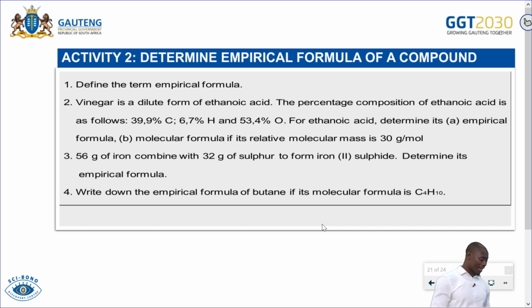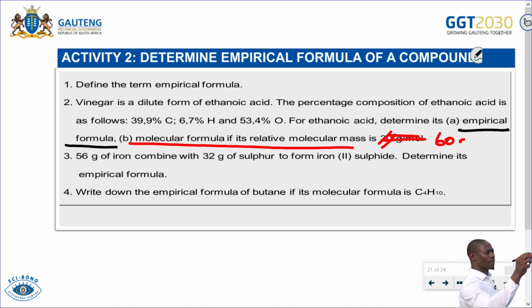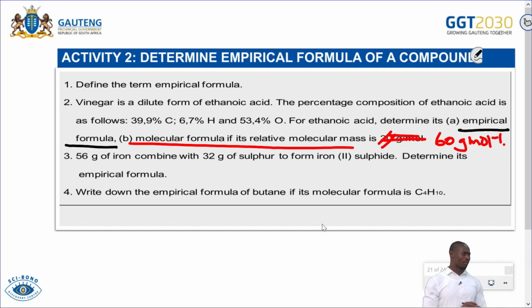For ethanoic acid, determine 1, the empirical formula, and 2, the molecular formula, if its relative molecular mass is 60 grams per mole, not 30, it should be 60.